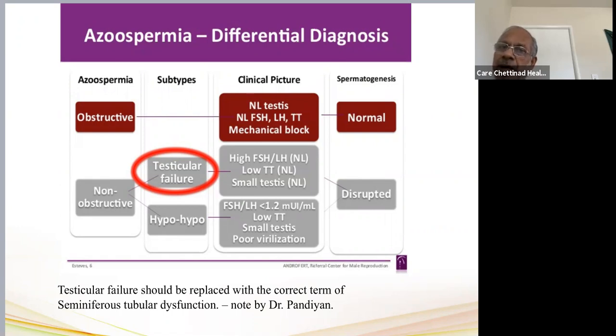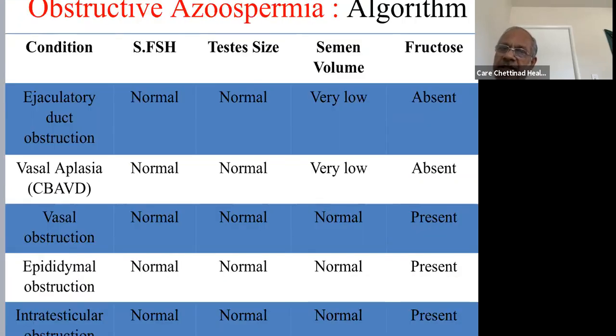Men with obstruction due to ejaculatory duct obstruction or vasal aplasia have normal FSH, normal testis, very low semen volume, and absent fructose. That's very crucial: absent fructose in the semen sample and a very low semen volume of 0.2 ml, 0.3 ml. Normal FSH and normal testis indicate they have either of these two conditions.